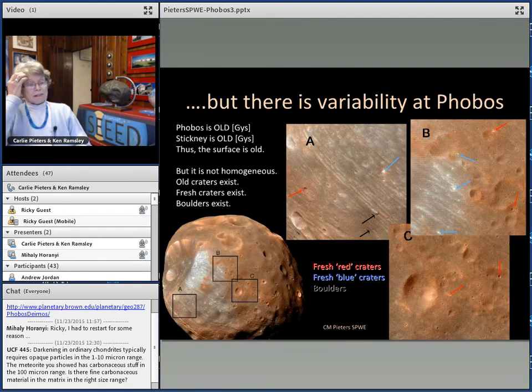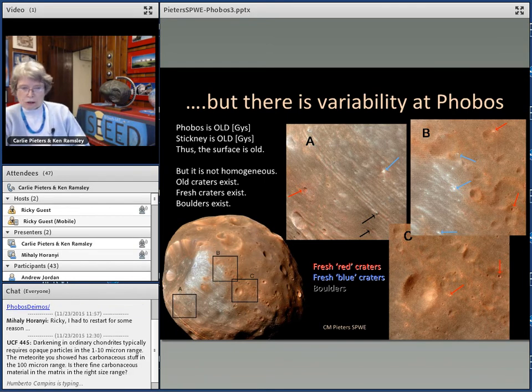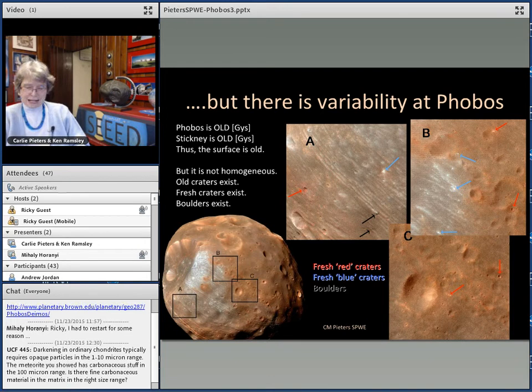However, there is very strong variability across Phobos when you get to the higher resolution, and we have two of these images from HiRISE. I wish we had more, but there are variations. We see small little fresh craters in the surface, but not all fresh craters have the same characteristics. Some are bright and red, some are bright and blue. There are boulders on the surface, but we don't have spectra of the boulders. Wish we did.